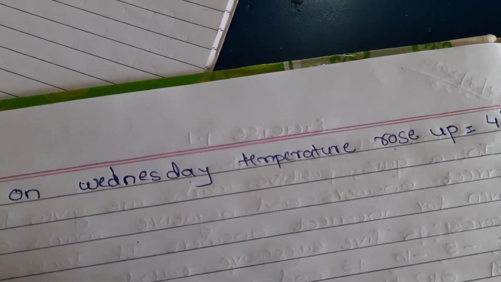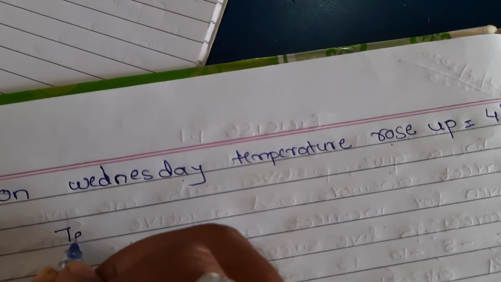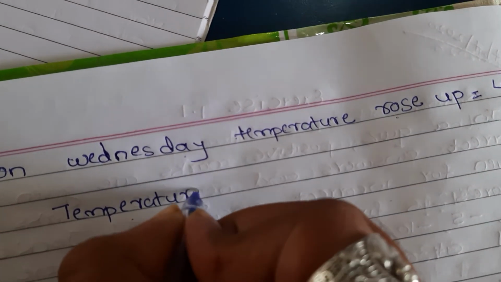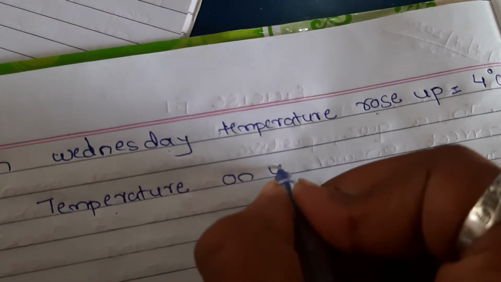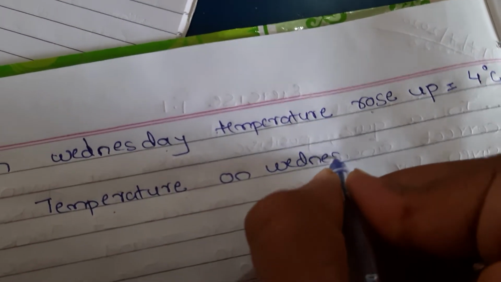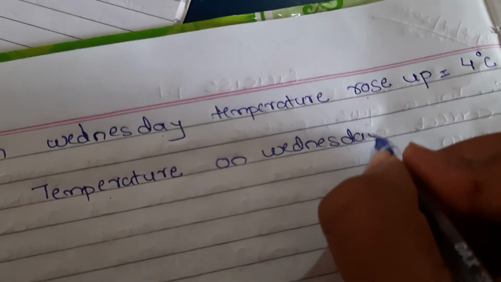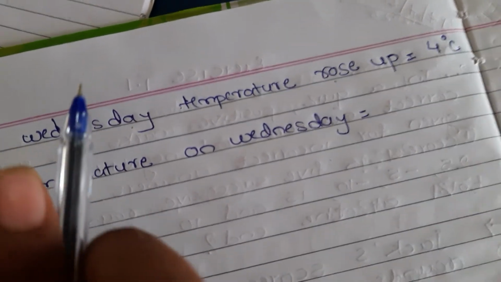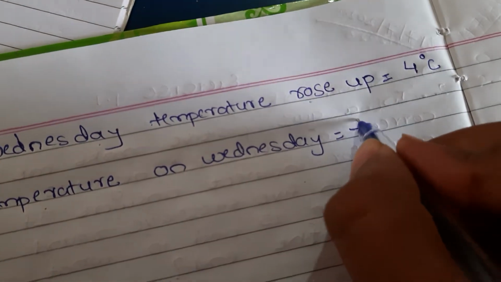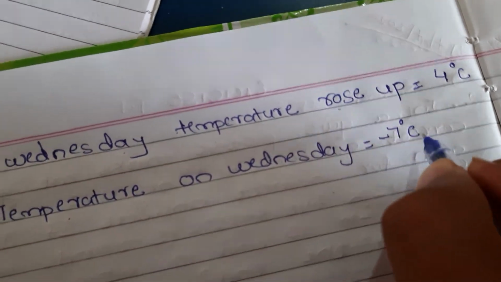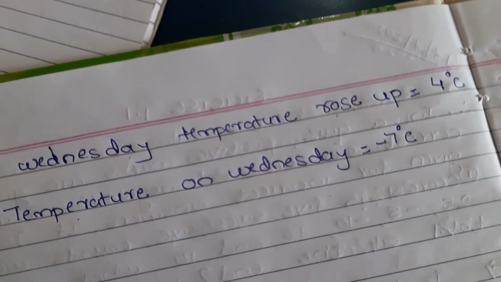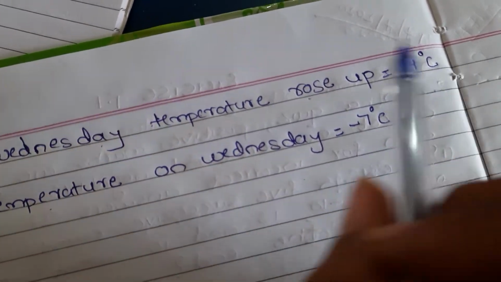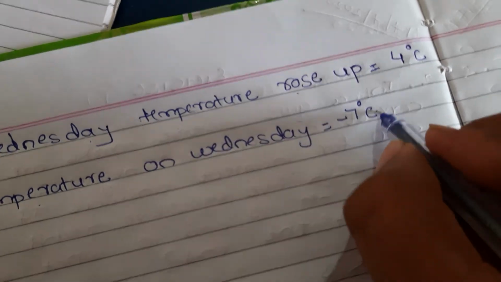So to find the exact temperature on Wednesday, we have to take Tuesday's temperature. Already we know Tuesday's temperature is minus 7 degrees Celsius. And on Wednesday it will increase 4 degrees Celsius. Increase means we have to add here.